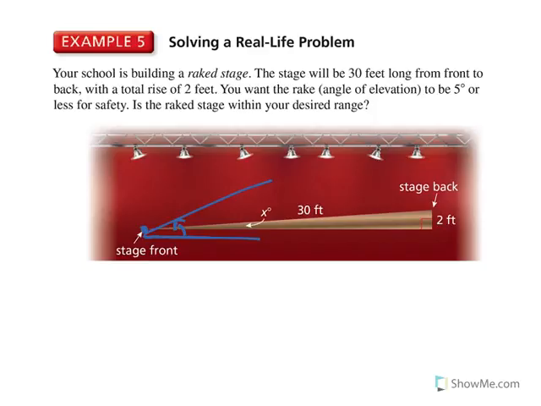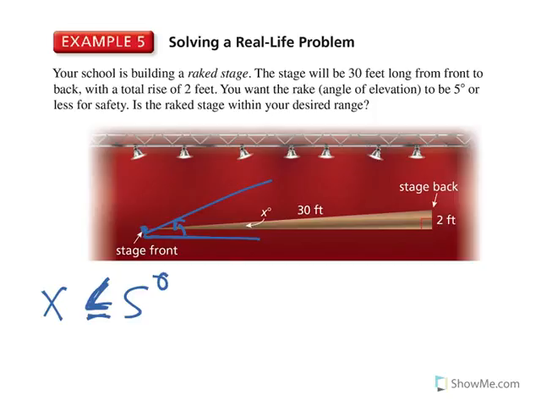And so we want that x degrees to be equal to or less than 5. Okay, we don't want it to be any bigger. So we can write that we want x to be less than or equal to 5 degrees.